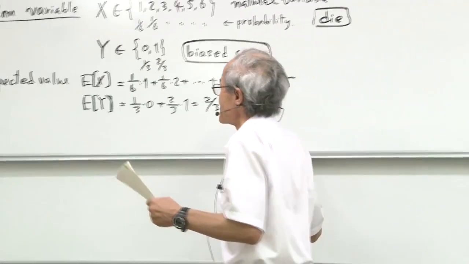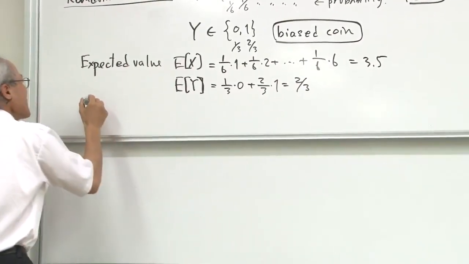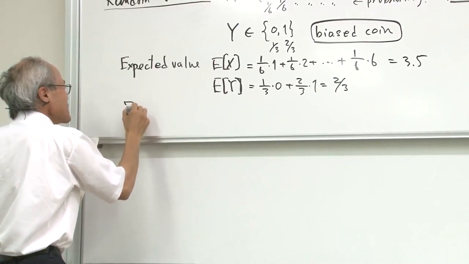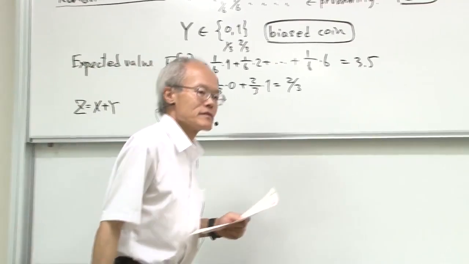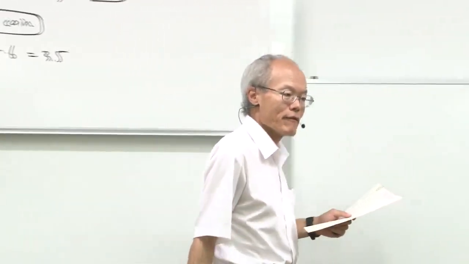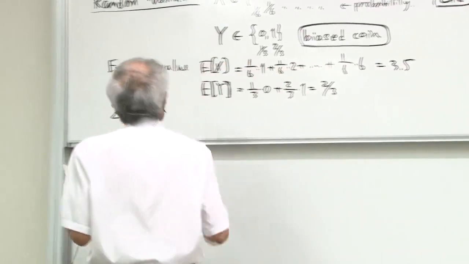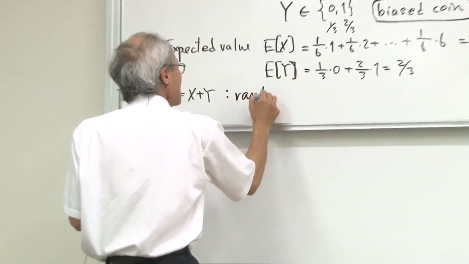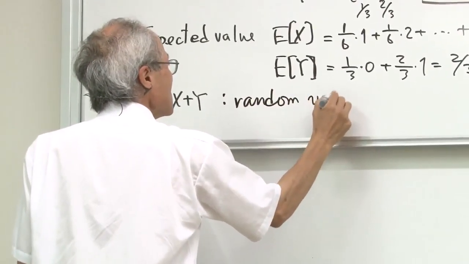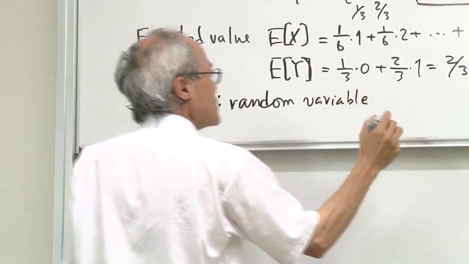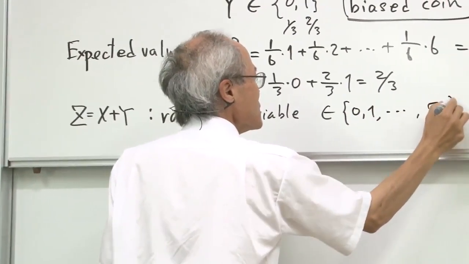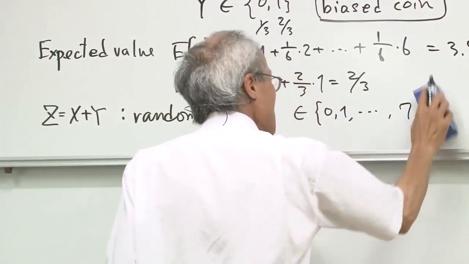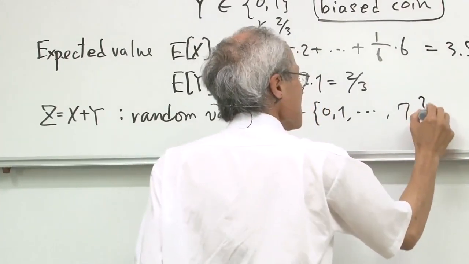Now, variable z equals x plus y. Okay. So variable z is a sum of variables x plus y. This is again a random variable. It takes values 0, 1, up to 7.